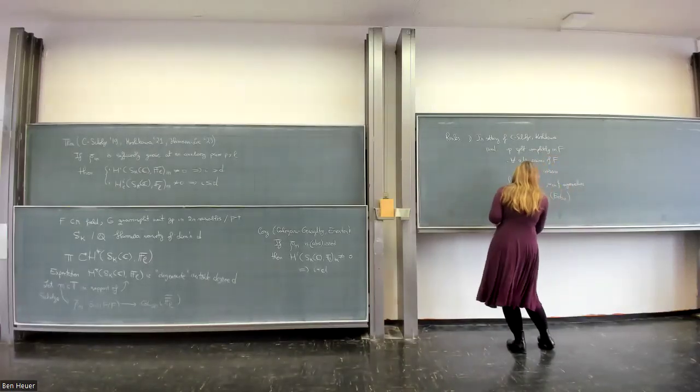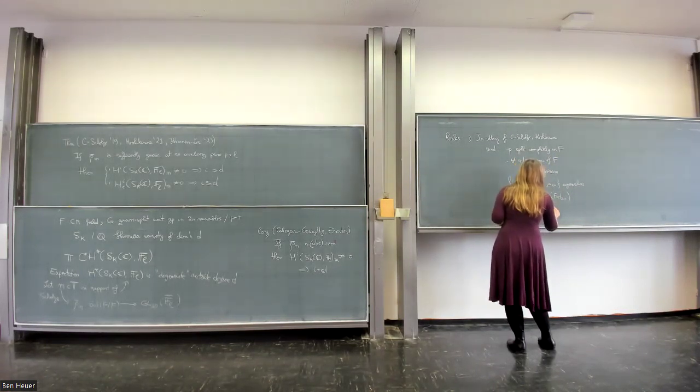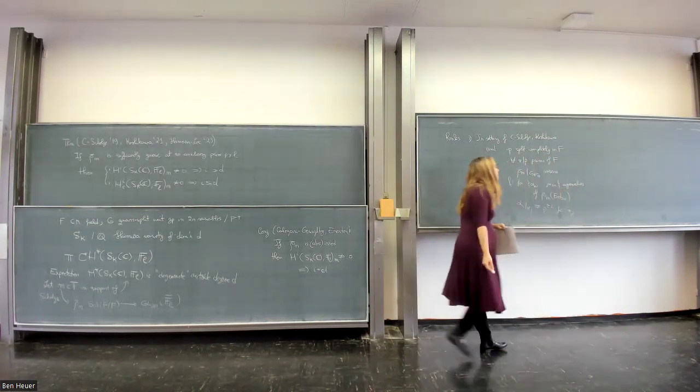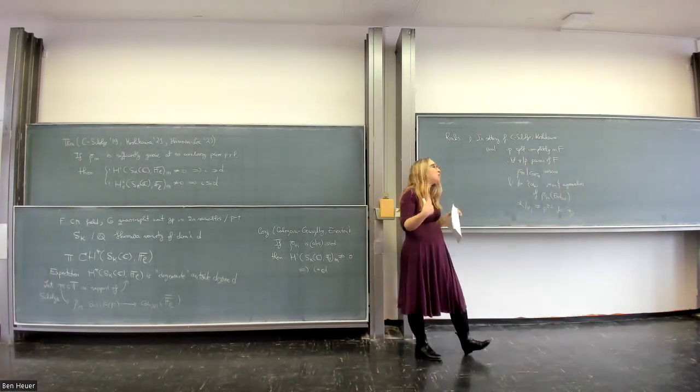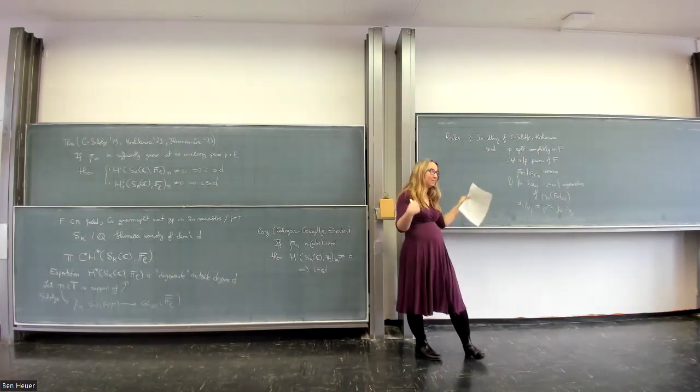You need that alpha i over alpha j is not equal to p or p inverse if i is different from j. So basically, you want there to not be two eigenvalues that differ by p.